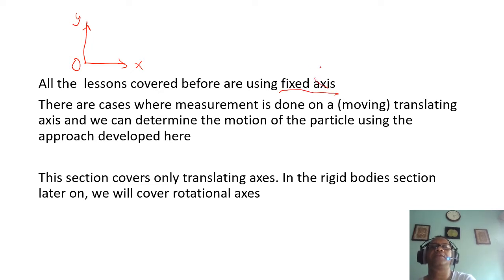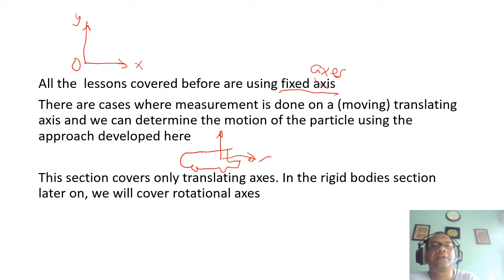There are cases where measurement is done on a moving translating axis, and we can determine the motion of the particle using the approach developed here. If the axis is moving, let's say we are on a car doing some measurement, that is a translating axis. So xy is moving at a certain speed or velocity.